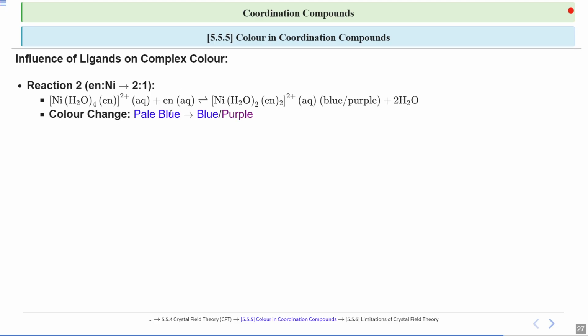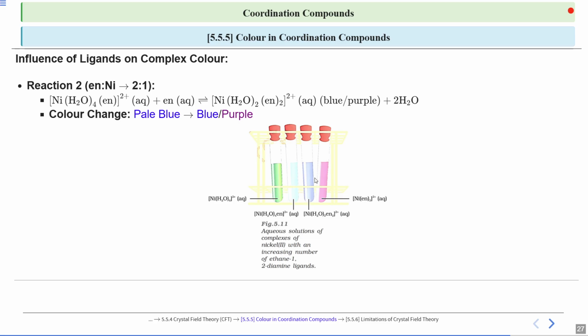The color change observed here is from pale blue to either blue or purple. You can see that the pale blue converts to a blue or purplish color after adding one more ethane 1,2 diamine ligand.